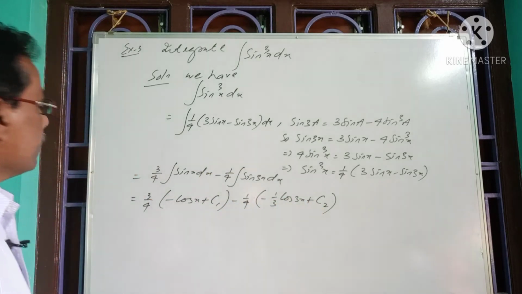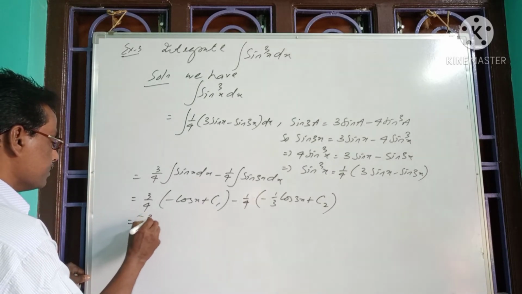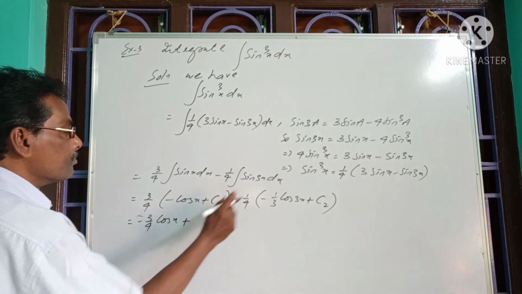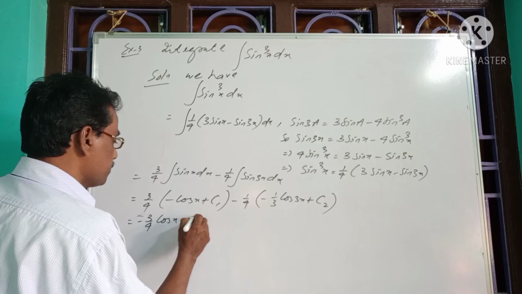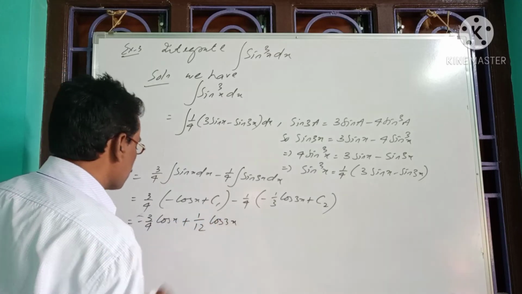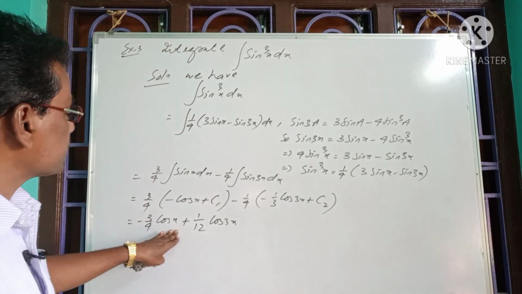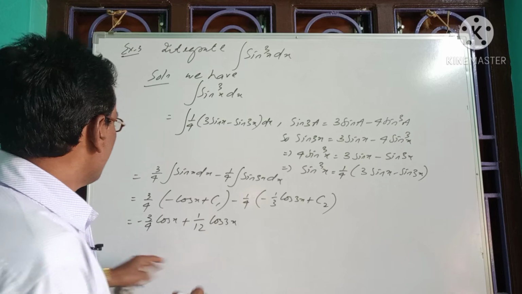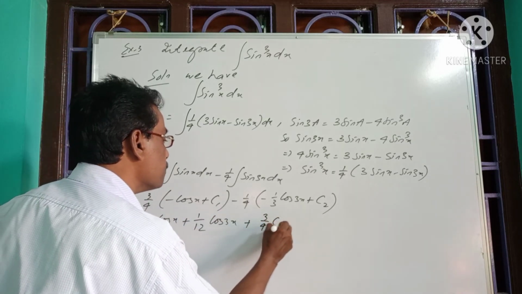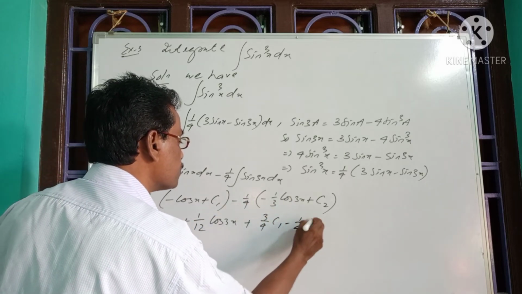Now collecting the constants and the functions, we can write minus 3 by 4 into cos x plus minus 1 by 4 into minus 1 by 3, which gives us 1 by 12 cos 3x. Collecting the constants, that is 3 by 4 into c1 and minus 1 by 4 c2.